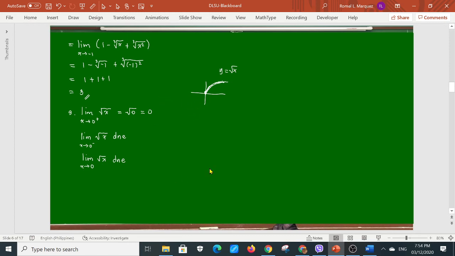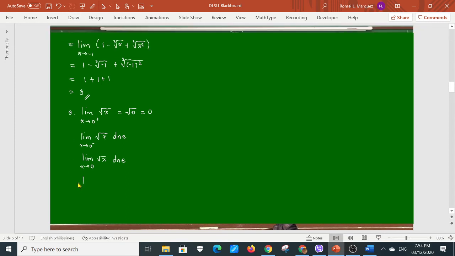So remember the theorem that we have: the limit of f of x as x approaches a is equal to L, a real number, if and only if the limit from the left and from the right both exist and are both equal to L. Is that clear, children? Okay now, ha? Before I go to number 10, let's have one more.